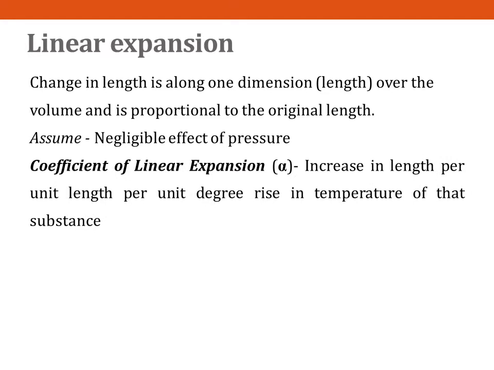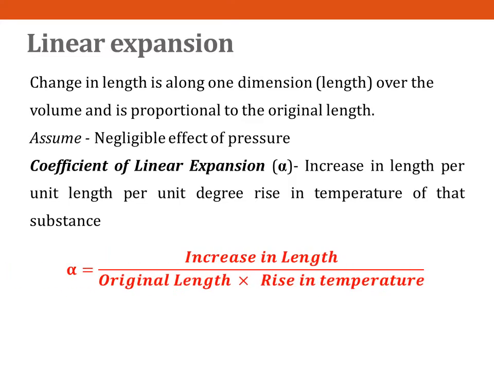It's given by alpha is equal to the increase in length divided by the original length times the rise in temperature. If L1 stands for the original length before thermal expansion and L2 is the length after expansion, L2 minus L1 gives us the increase in length.